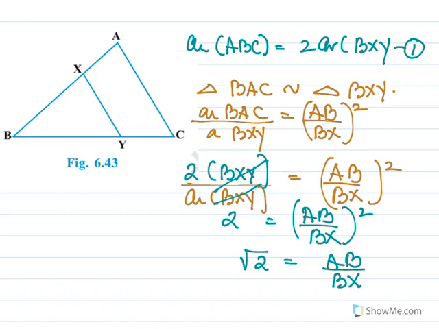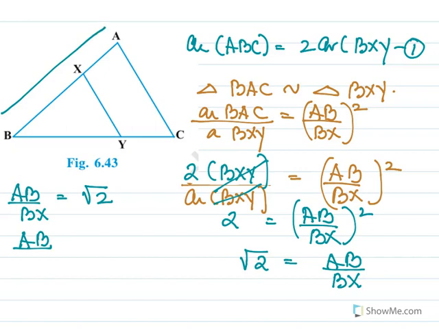But what I need is a ratio of AX over AB. So let me take this now. I got AB over BX equal to root 2. Now for AB I write AB, but for BX, look up here, BX is AB minus AX. So for BX I am now going to write AB minus AX, and this is equal to root 2.